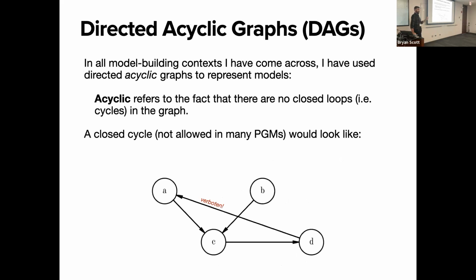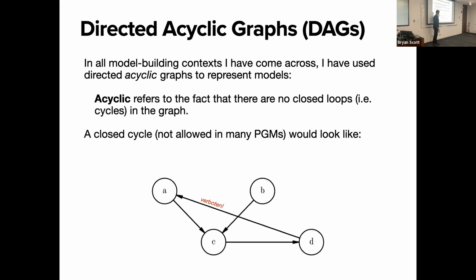Now, there's one last word to get, and then we're done with graph theory, and we're going to talk about probabilistic models. And that's the word that got shoved in the middle of directed graph: acyclic. That's an important word here because, at least in the model building context that we're going to talk about, and basically every probabilistic model that I've used in practice, they are acyclic, which means that there are no closed loops.